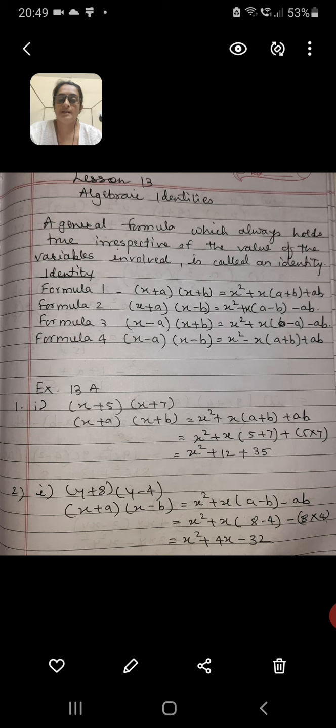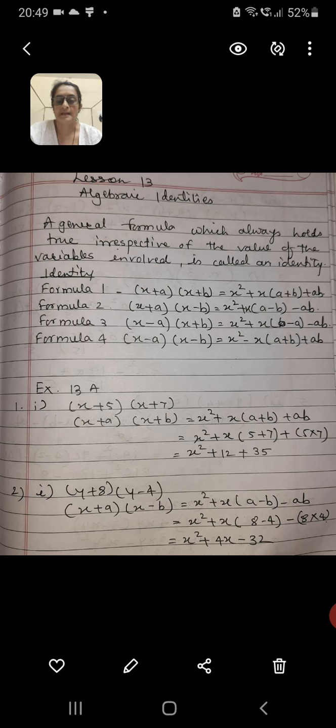Okay. Using the second formula or second identity, we are going to solve the next sum. y plus 8, y minus 4. Here y, 8 and 4, 3 terms are there. So we are going to use the second formula, that is x plus a, x minus b, because the second bracket has a negative sign.